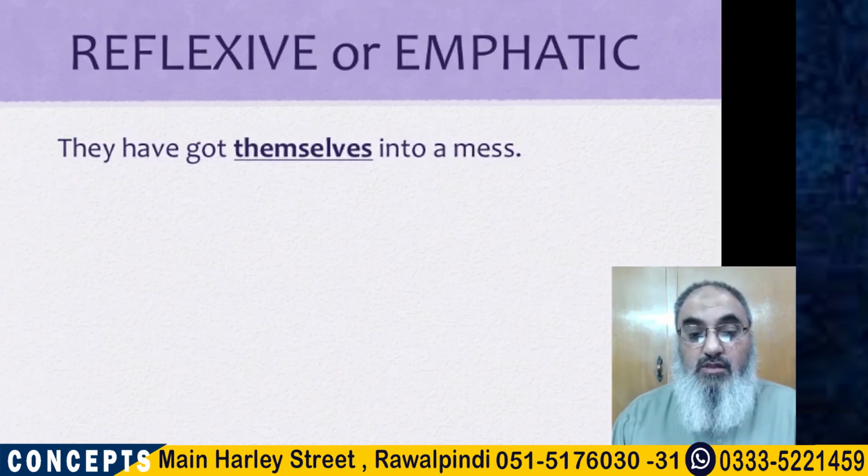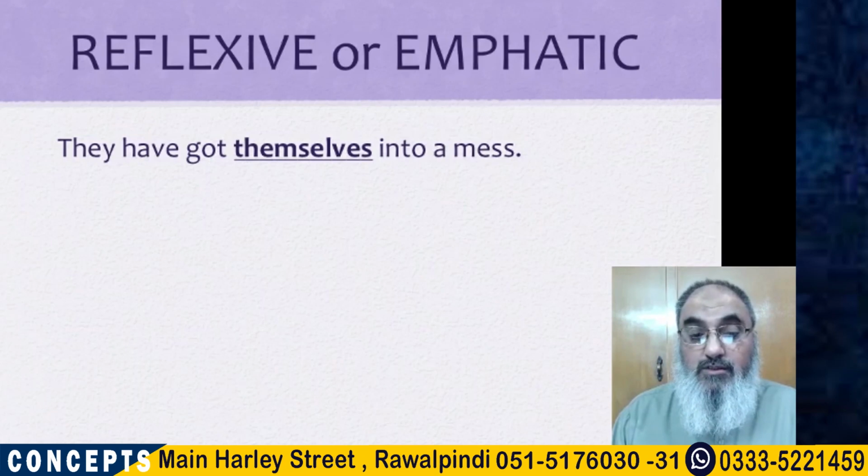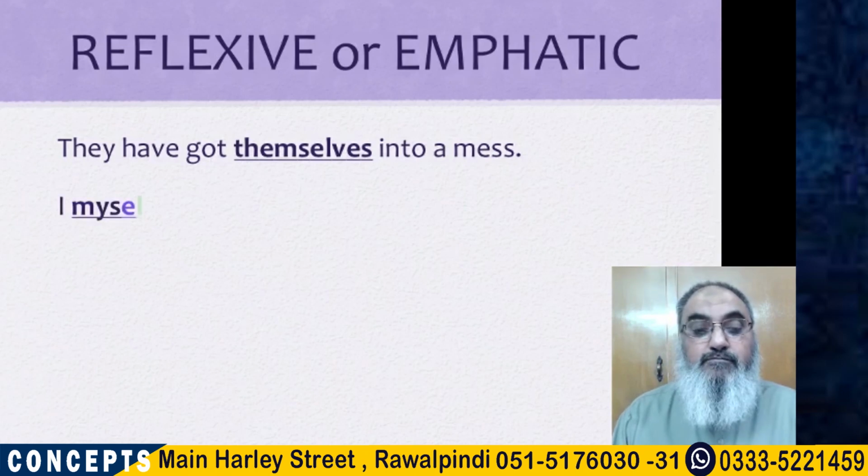Got is a transitive verb. It needs an object after that. So it would not be feasible to have the sentence without themselves. The other thing is that they have got whom into a mess. Themselves is the object of the verb have got. They have got themselves into a mess. So it is the object. That's why it's a reflexive pronoun.